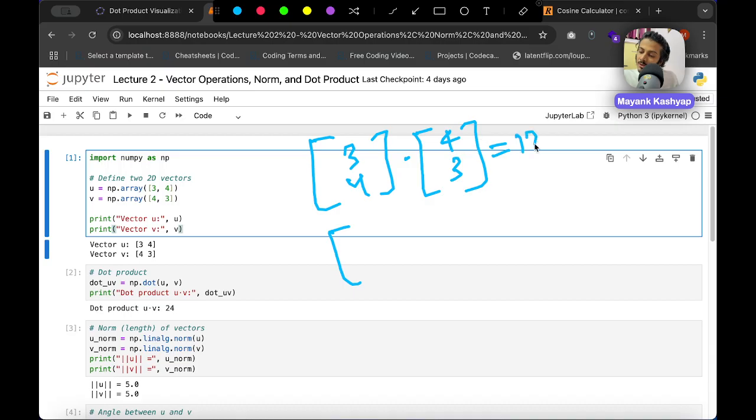So this would be 12 plus 12, which is 24, which is obvious, right? Okay, now if we calculate the length of the vectors, what we'll get? This is 3 square 9, 16, 25. So this length will be 5, this length will be 5, and yeah, so we are getting here 5 and 5.